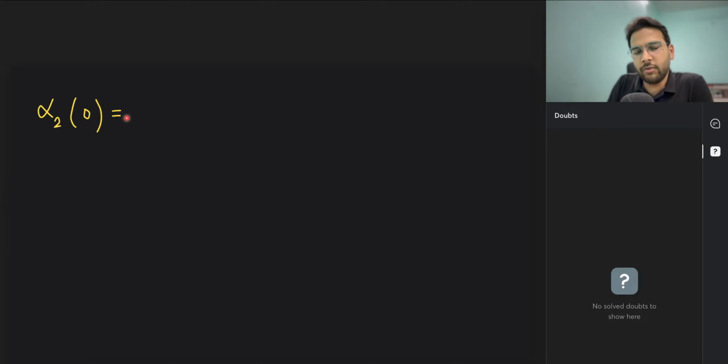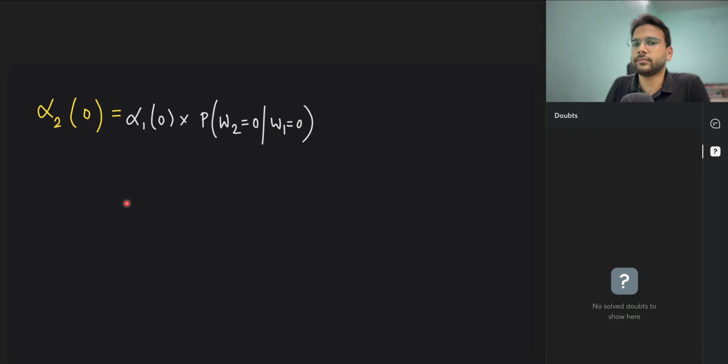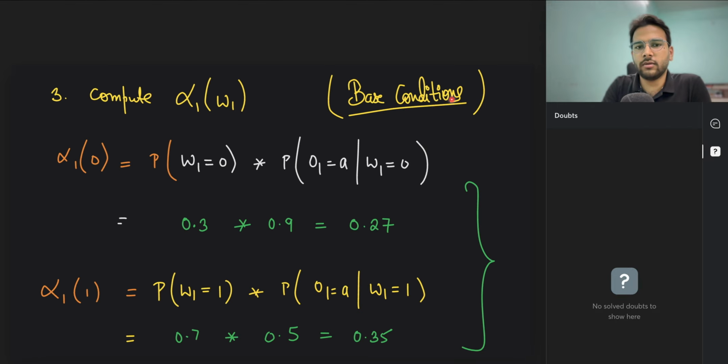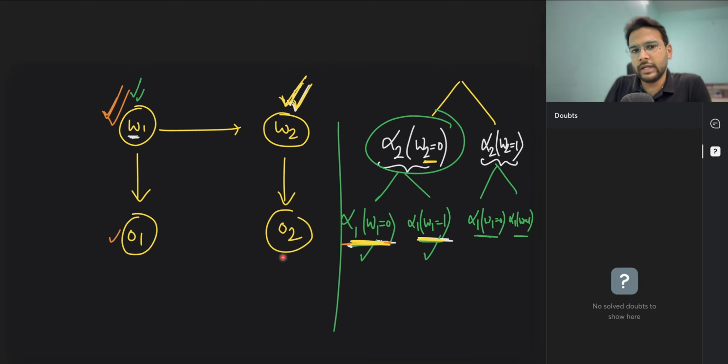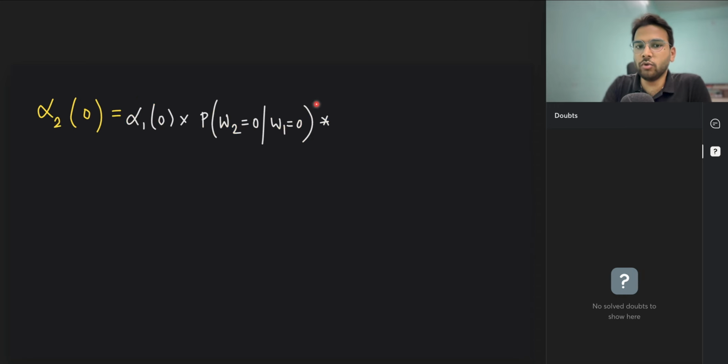Okay, carefully see this, everyone. Alpha 1 of 0, because we are talking about 0. So alpha 1 of 0 multiplied by probability of W2 equal to 0 given W1 equal to 0, right? Multiplied by probability of O2 given W2, and O2 is equal to B, right?